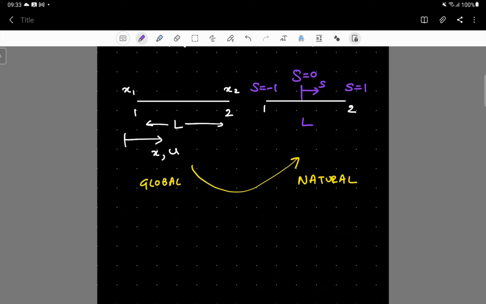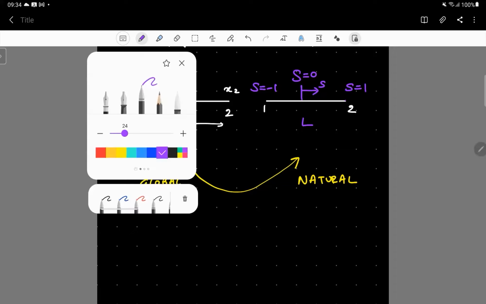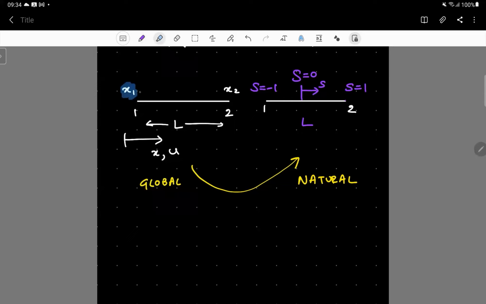Since we consider a bar element having 2 degrees of freedom, what would be the axial displacements corresponding to x1 and x2? The axial displacements would be u1 and u2, associated with each node when we talk in terms of the global coordinate system.